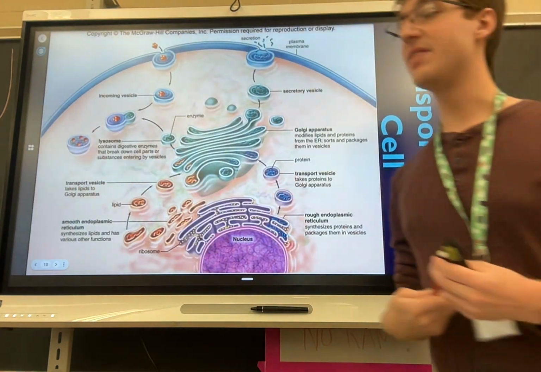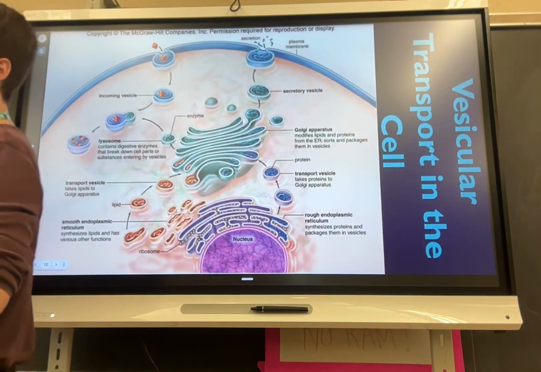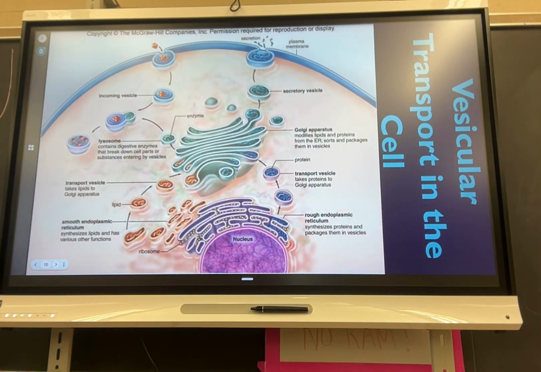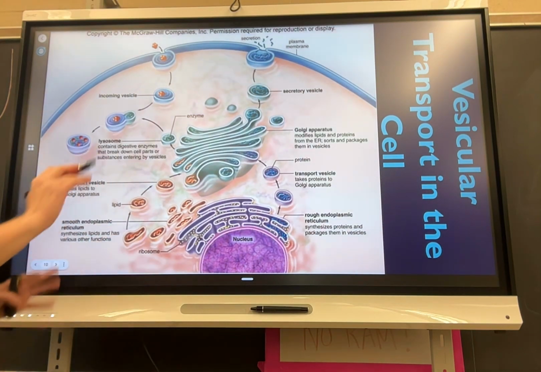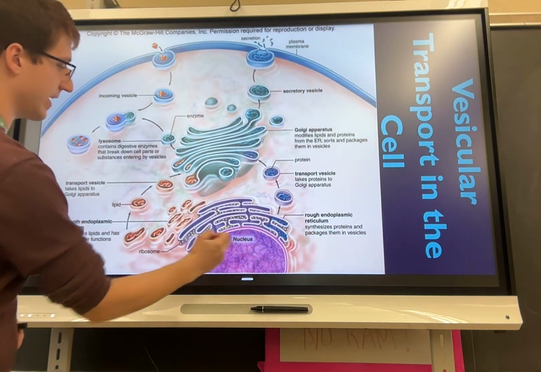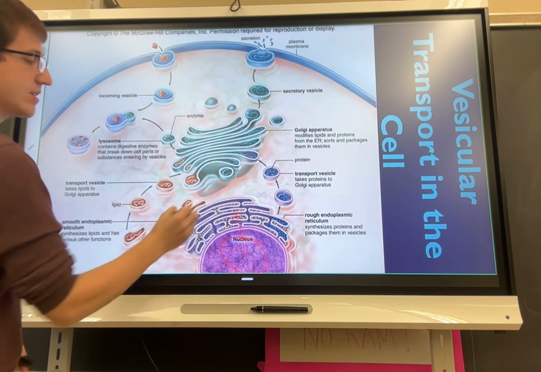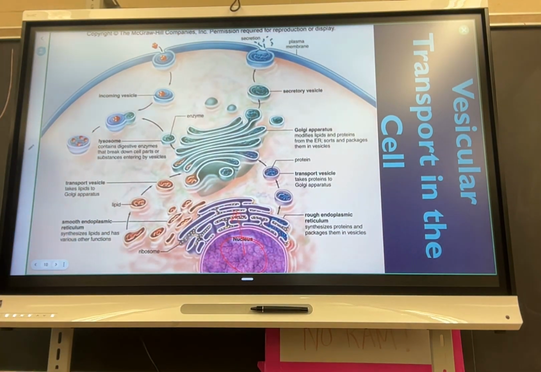So, looking at the different parts that are involved in endocytosis and exocytosis. If we start from the very beginning, we start down in the nucleus. The nucleus sends a message, a signal, an instruction to the rough and smooth ER. Do rough ER and smooth ER make a couple things? What did we say they made?